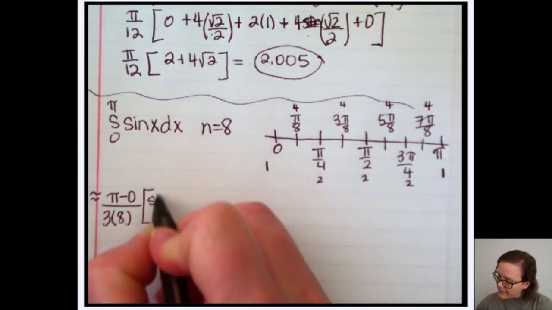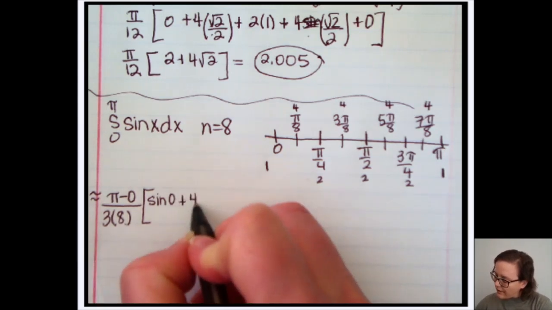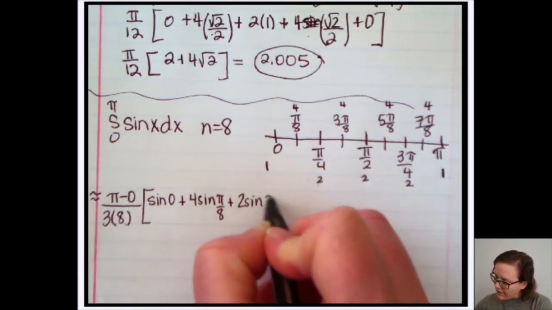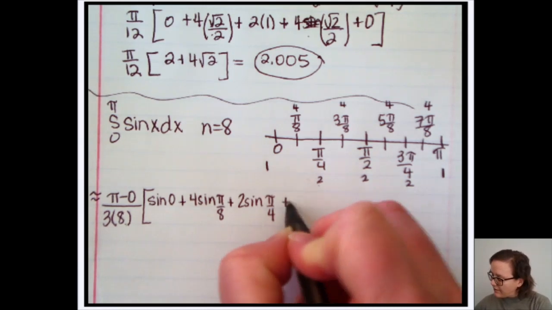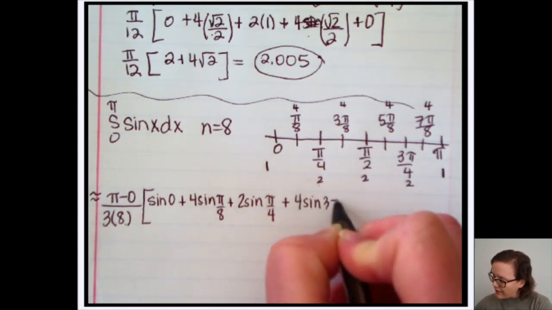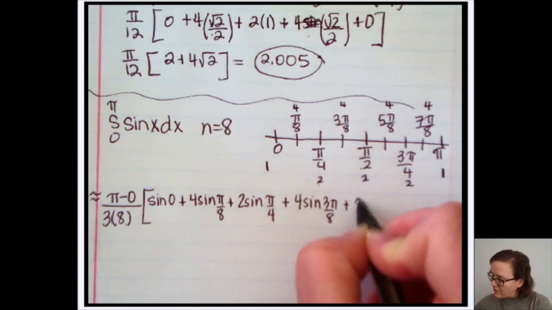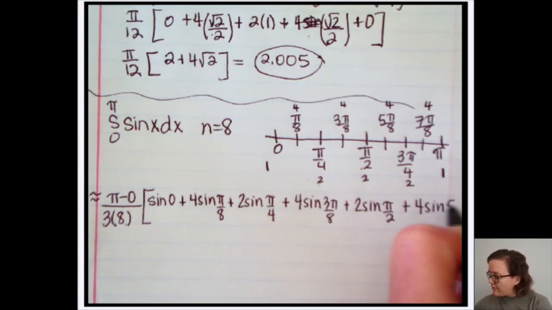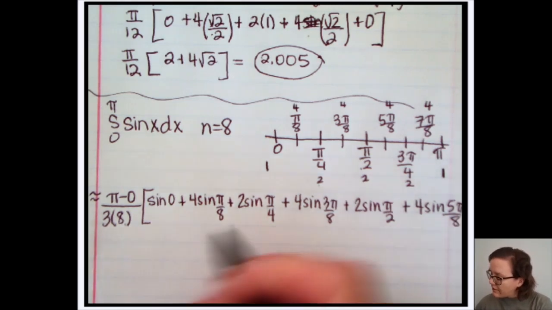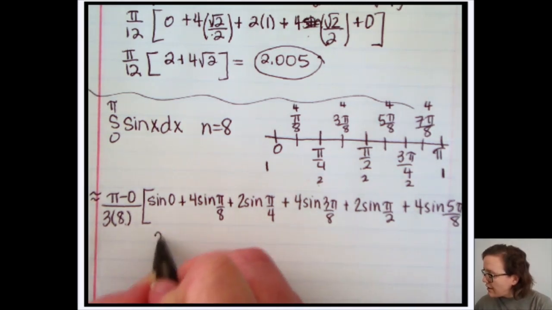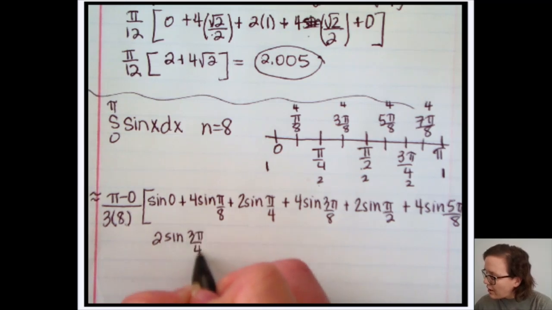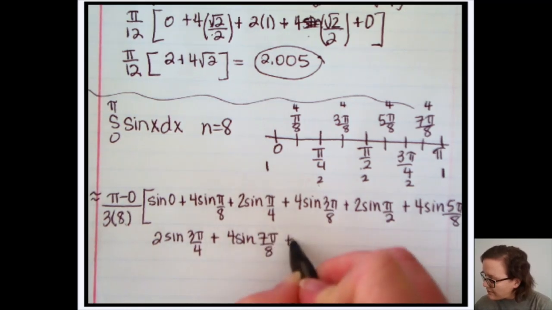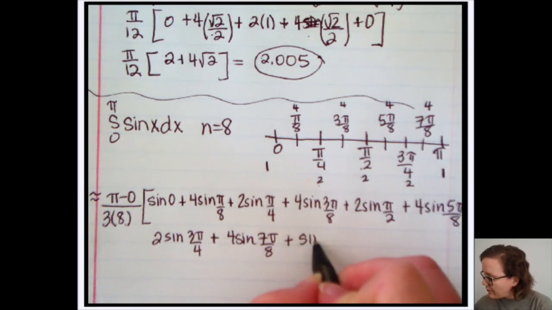Okay, we have 1 times the sine of 0 plus 4 times the sine of pi over 8 plus 2 times the sine of pi over 4 plus 4 times the sine of 3 pi over 8 plus 2 times the sine of pi over 2 plus 4 times the sine of 5 pi over 8 plus 2 times the sine of 3 pi over 4 plus 4 times the sine of 7 pi over 8 plus 1 times the sine of pi.